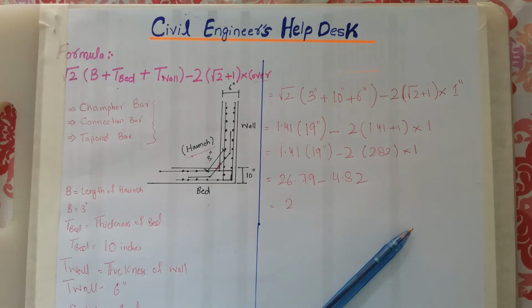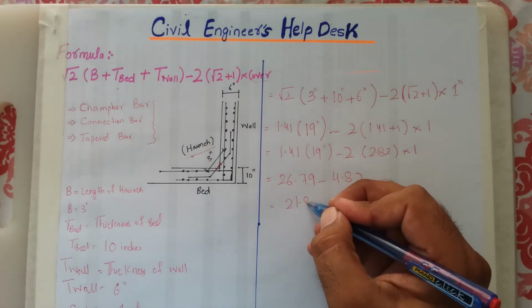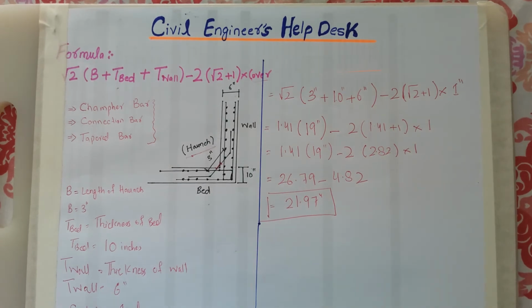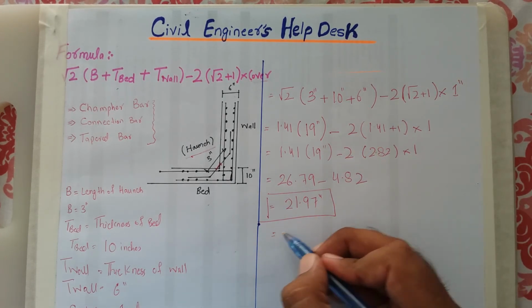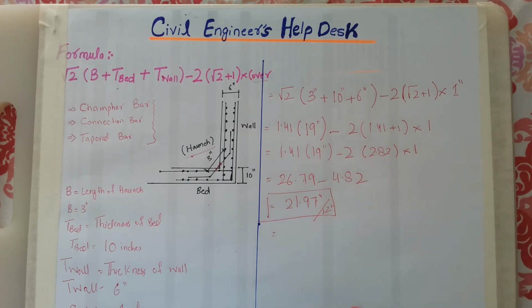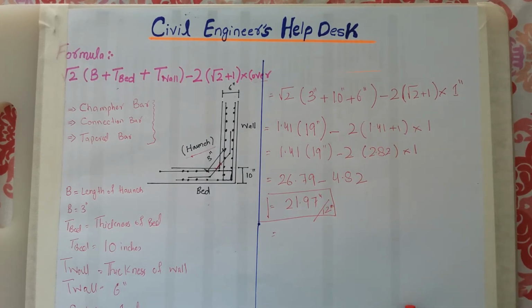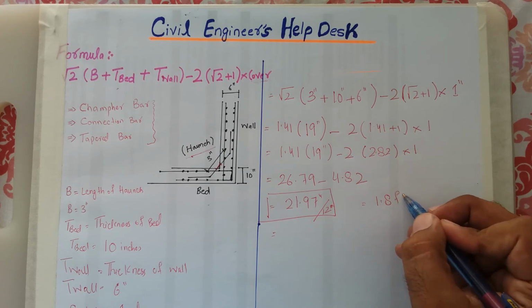It will come 21.97 inches. This is the length of the haunch bar, or chamfer bar, connection bar, or tapered bar. But this is in inches, so we will convert it to feet. Dividing by 12, 21.97 divided by 12 comes to 1.8, so it means 1.8 feet.